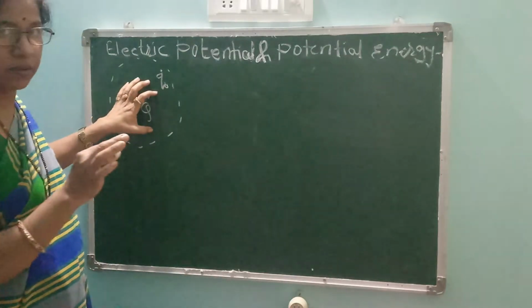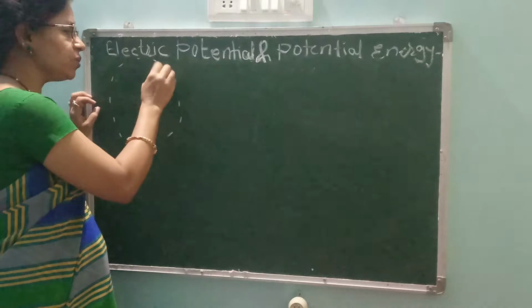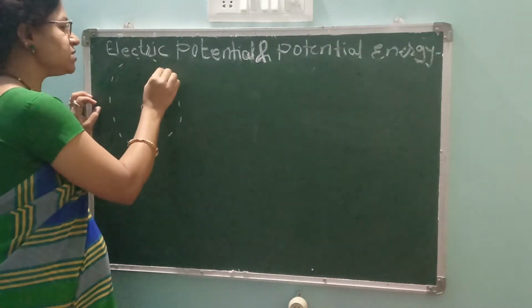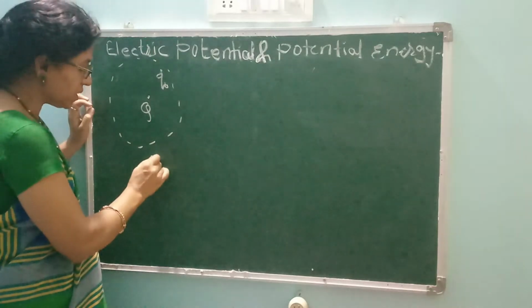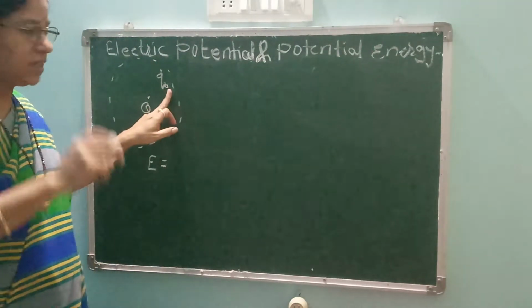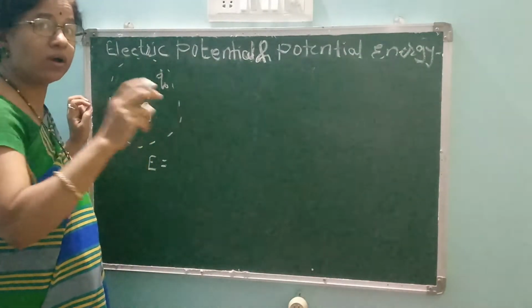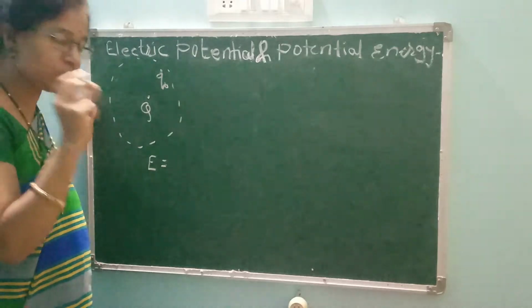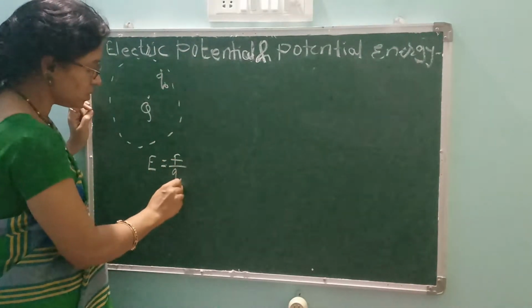This field will exert a force on this small test charge q0. So we write mathematically that E is equal to what? That is the force exerted on the small test charge q0, so it will be F upon q0.